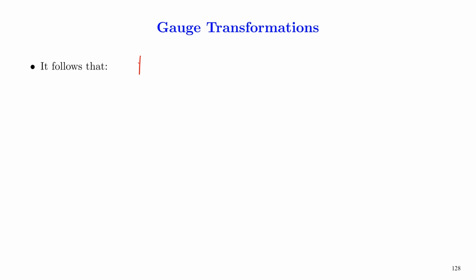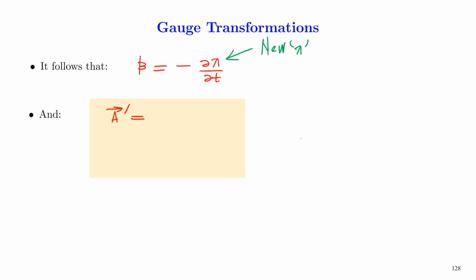And now beta becomes negative of dou lambda over dou t. This is the new lambda which has absorbed the time dependent factor. With the new lambda, we can write the vector potential A prime as A plus del lambda, and V prime as V minus dou lambda over dou t.